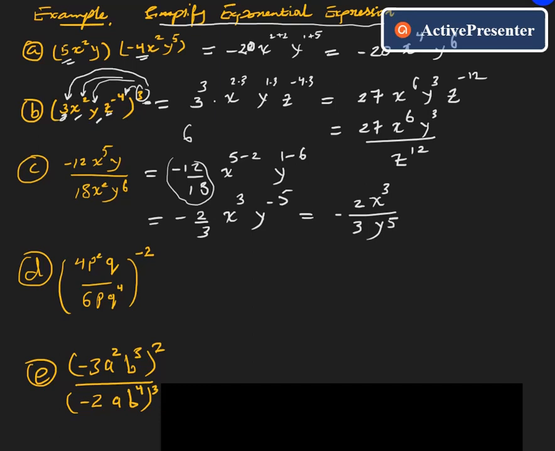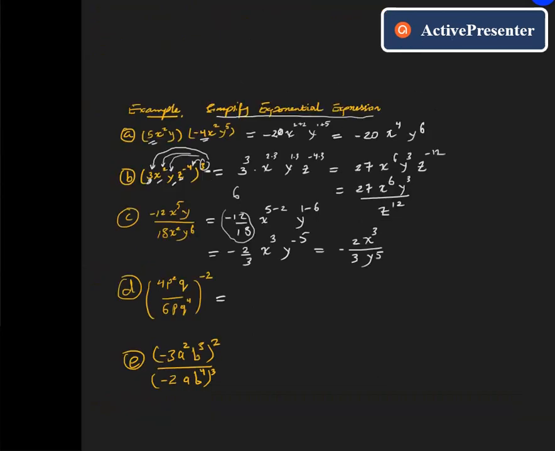The fourth question, 4p squared multiplied in q over 6p q to the power 4, all to the power minus 2. If you proceed it would be okay, however, if we simplify what is inside here before we take the power inside, it should be better. We don't want to complicate things.